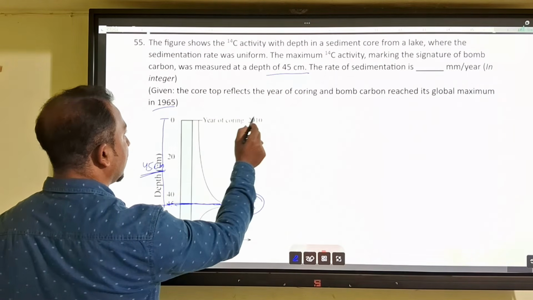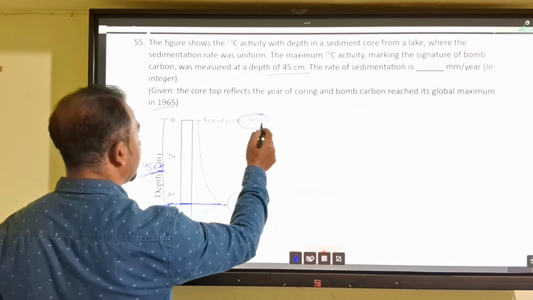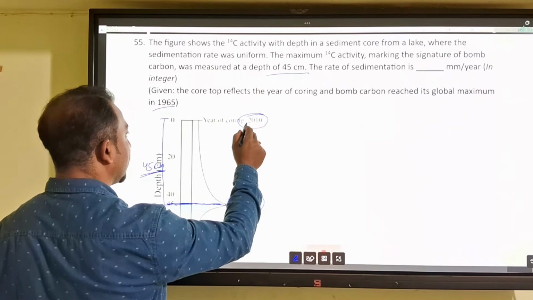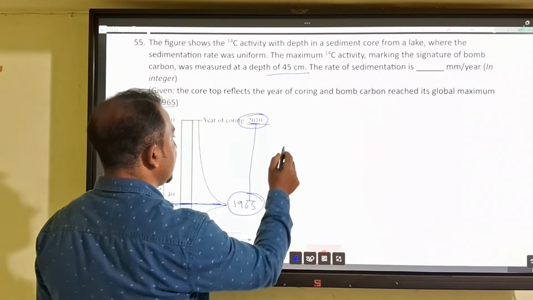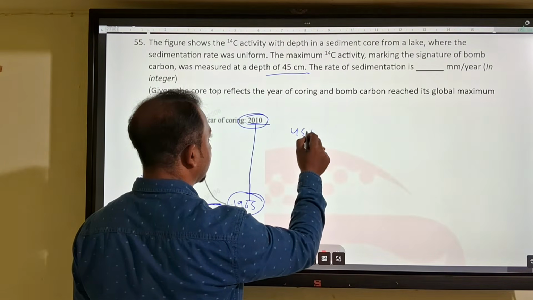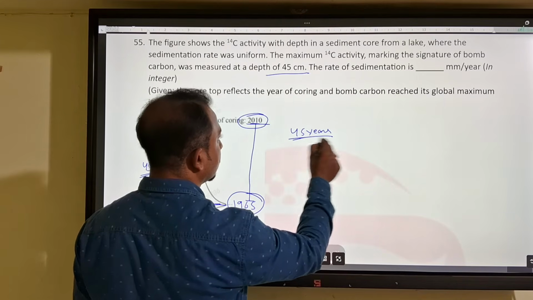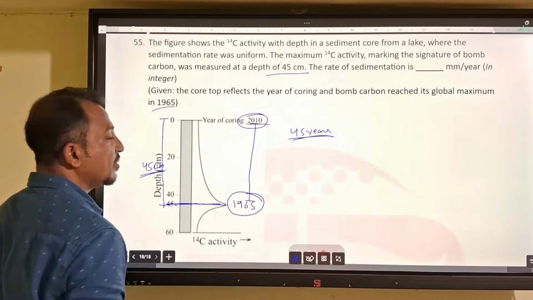Now at zero depth, that is 2010. So the difference in age is 45 years, and depth is 45 centimeter.